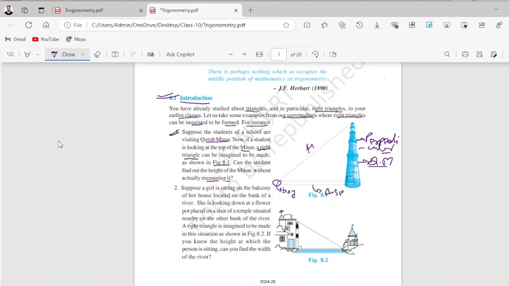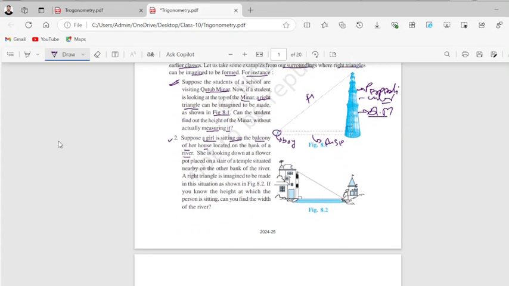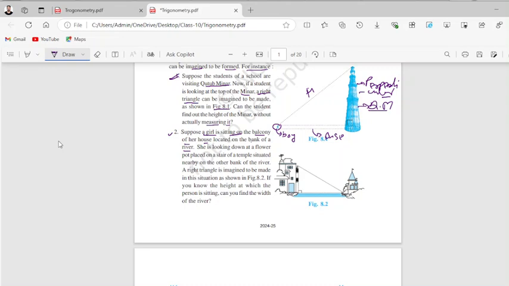And point number two: suppose a girl is sitting in the balcony of her house located on the bank of the river. She is looking down at the flower pot placed on the stairs of the temple situated on the other bank of the river.